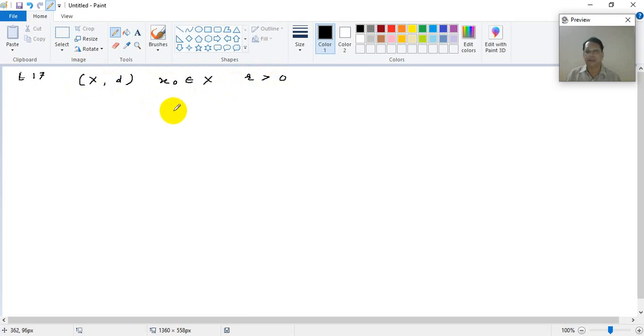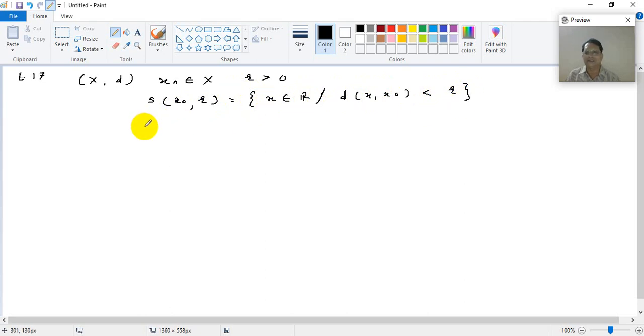Then we defined S(x0, r), the open sphere with center x0 and radius r. The definition is the set of all x belonging to X such that the distance between x and x0 is less than r.